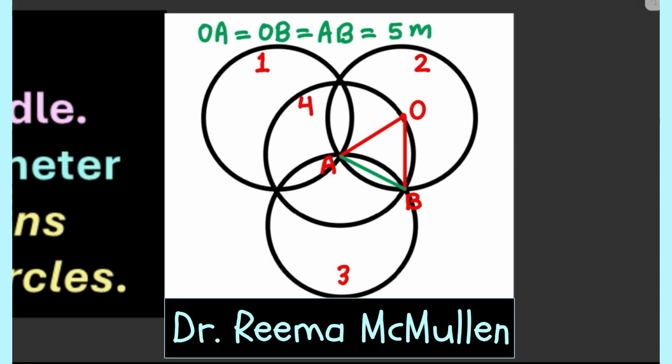All right. So where do we go from here? What we are going to do is find the area of this pie-shaped region of circle number 2, this sector over here, and from there subtract the area of this equilateral triangle OAB. What are we left with?